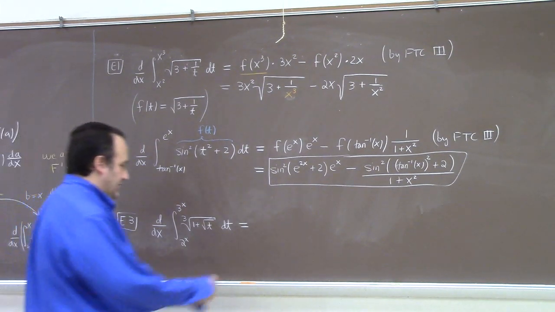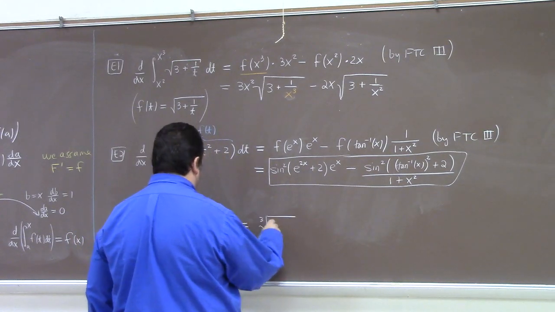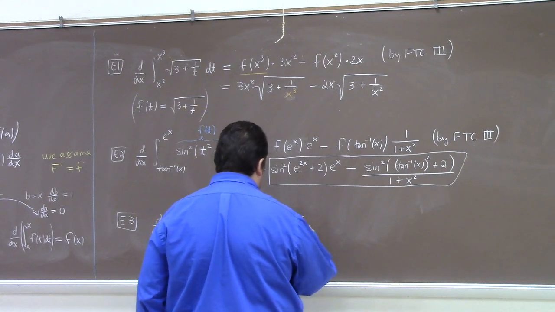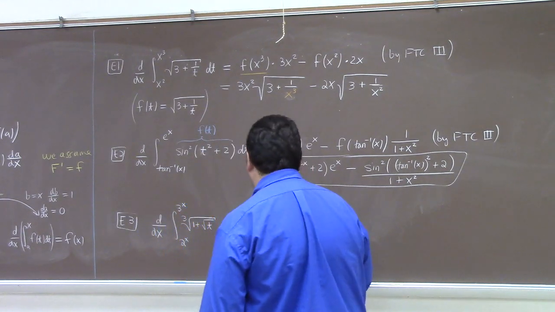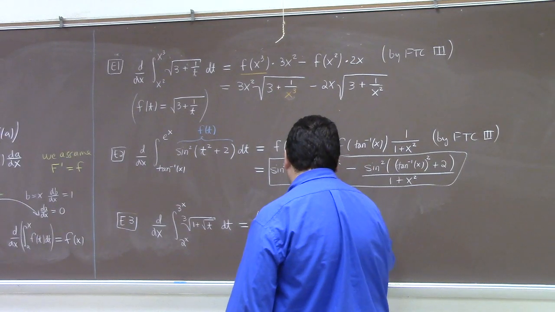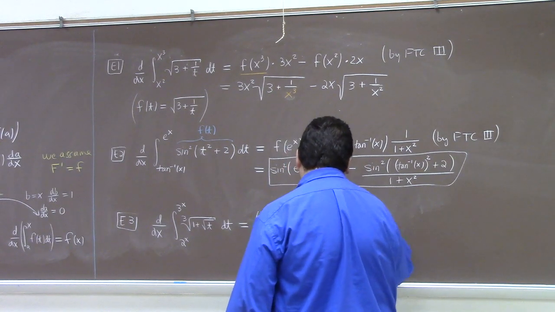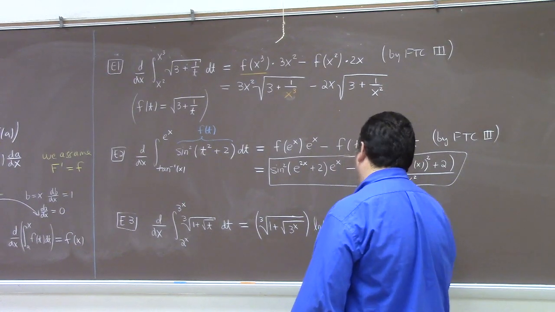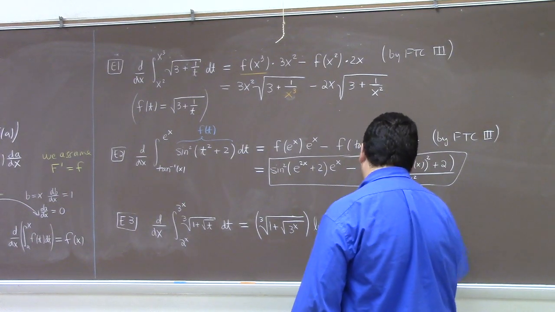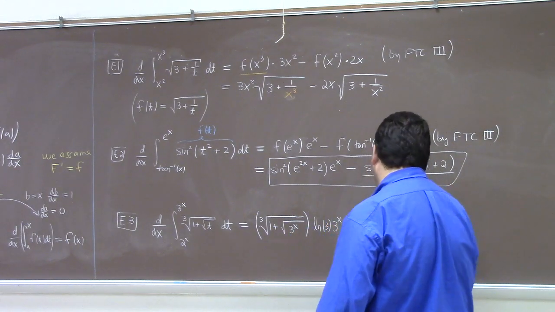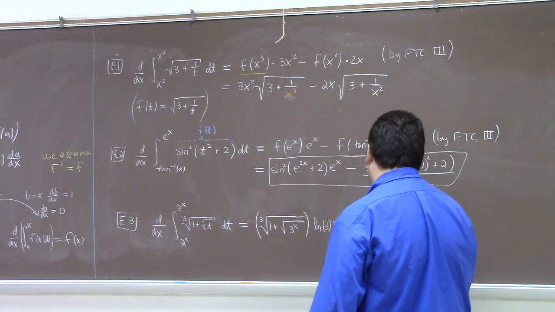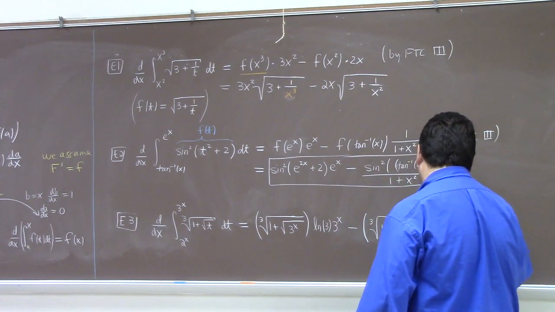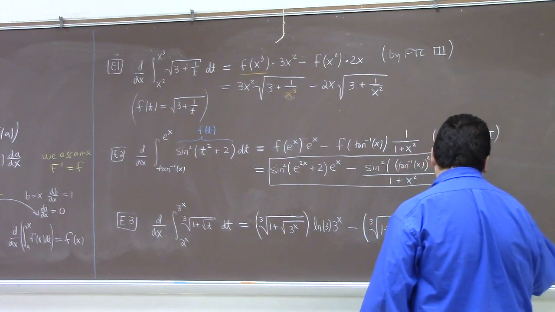First, the cube root of 1 plus the square root of the upper bound function, which is 3 to the x. I multiply by the derivative of 3 to the x, which is natural log of 3 times 3 to the x. And then I subtract the cube root of 1 plus the square root of the lower bound, which in this case is 2 to the x. And then I multiply by the derivative of 2 to the x, which is natural log of 2 times 2 to the x. And this is, of course, by FTC III.